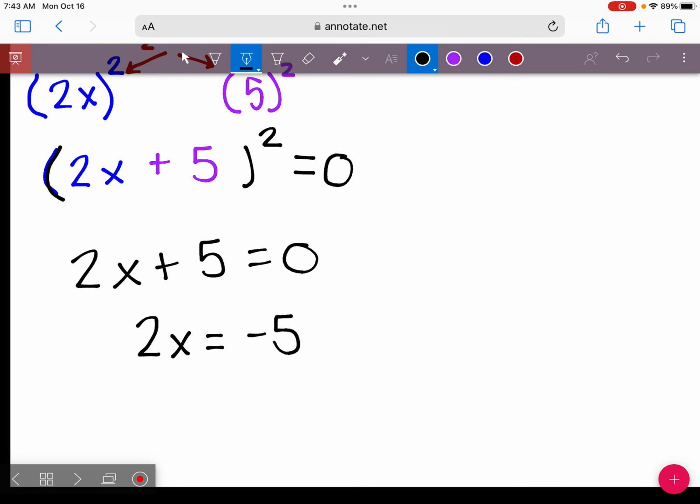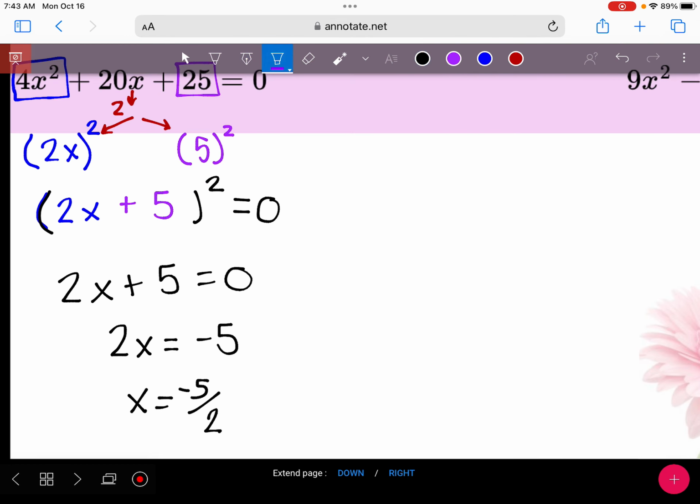And what do we do to get x by itself? Divide by 2. Negative 5 halves, or negative 5 over 2. And that's okay. We're going to get fraction answers sometimes. We are allowed to get fraction answers.